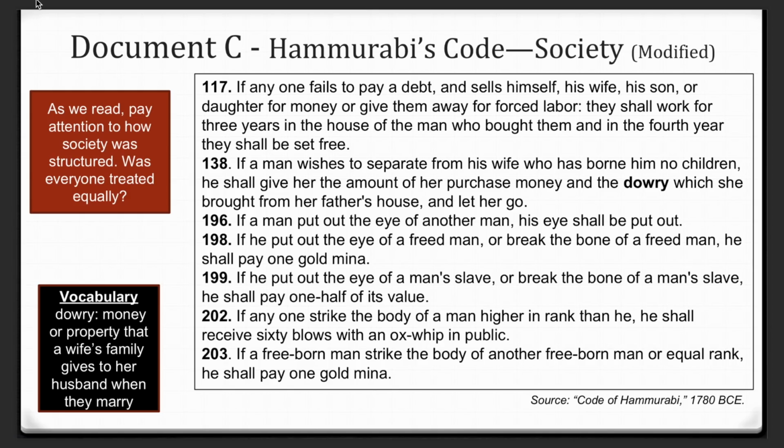If anyone strike the body of a man higher in rank than he shall receive 60 blows with an ox whip in public. 203. If a free-born man strike the body of another free-born man of equal rank, he shall pay 1 gold mina.